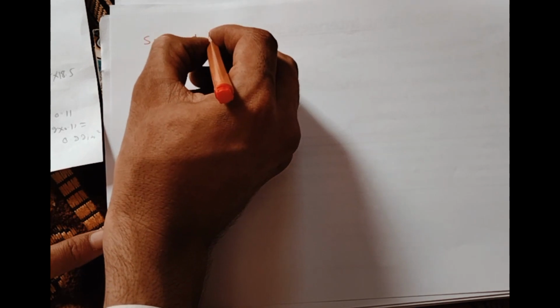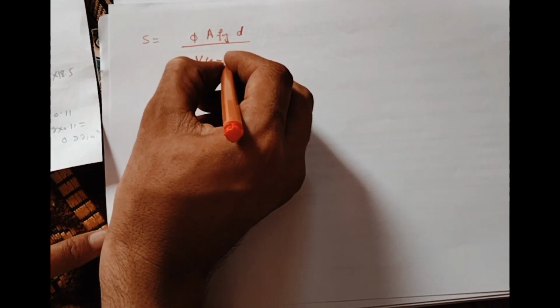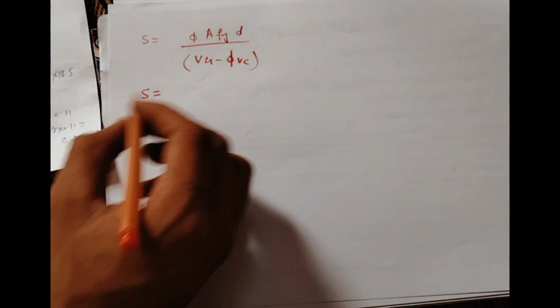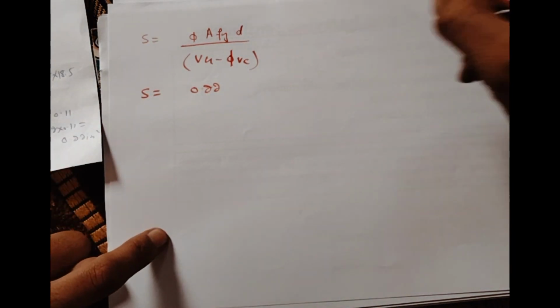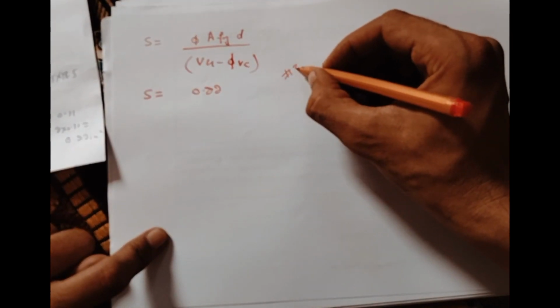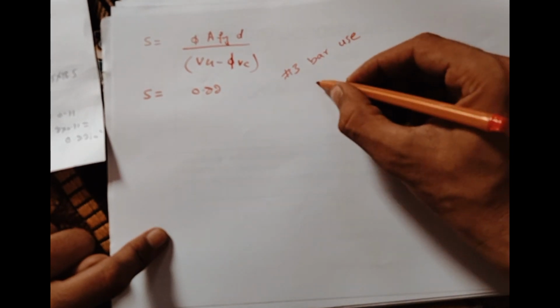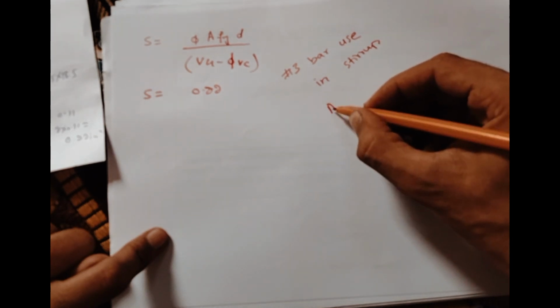So the spacing formula is here: phi Av fy d divided by Vu minus phi Vc. Putting these values in the equation, we will get 0.22. We will use number 3 bar in the stirrups.